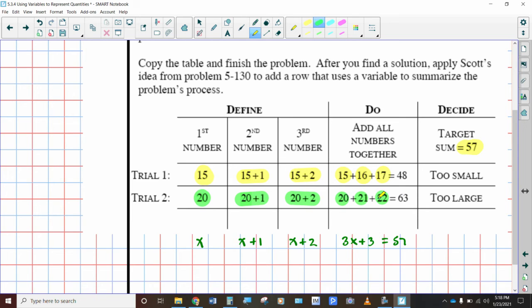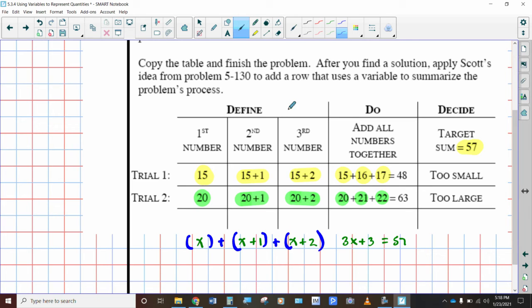So for each of these numbers, if we write it as an expression, we start with the original, the first one, and then the second one is always 1 more than the first one, and the third one is always 2 more than the first one. See that pattern there? What we're going to eventually have to do is this. We are going to add these together, right? So this is the first number, this is the second number, and this is the third number.